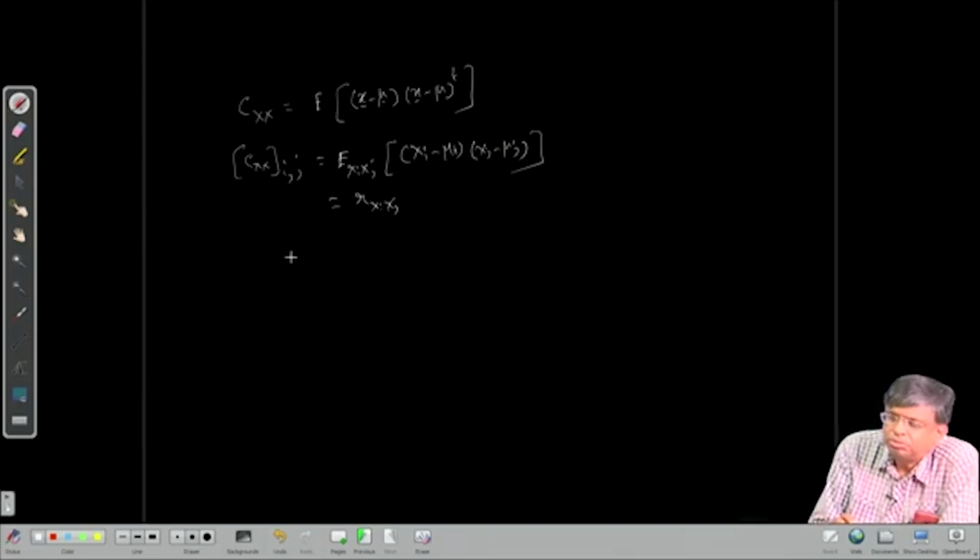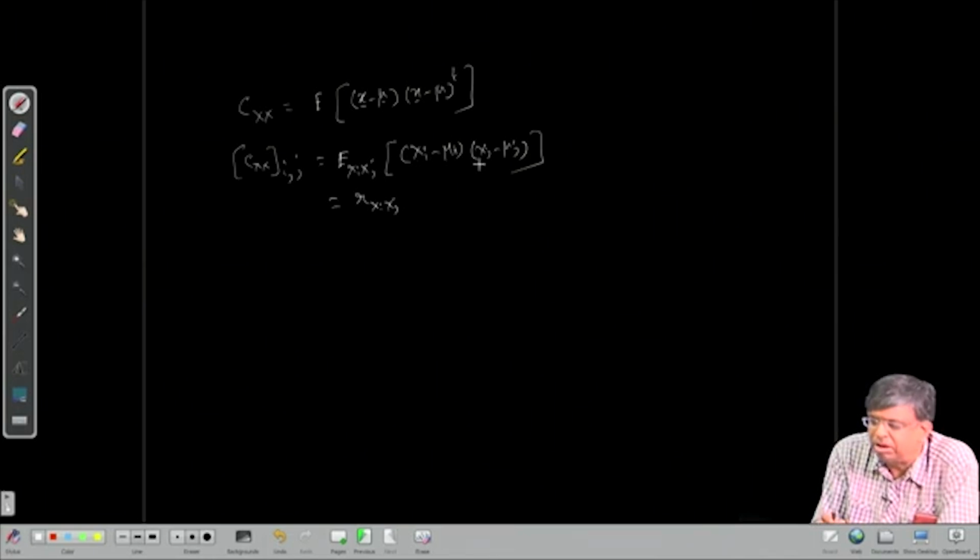If xi, xj are uncorrelated, this will be 0. That means, as long as i and j are not the same, because they are different random variables, only then can I talk of their correlation. If i and j are not the same and they are uncorrelated, then that element is 0. That is, the i comma jth element is 0 if i and j are not the same.